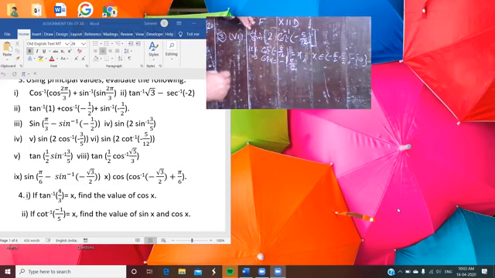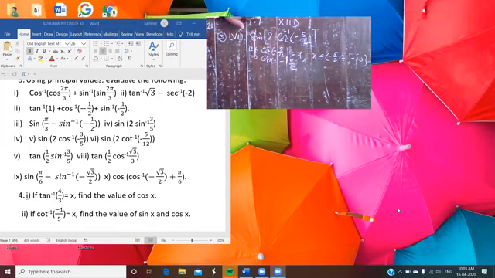Now with the help of it, you find the value of sine x and cos x. Okay, so if you think about the values of the function from minus pi by 2 to pi by 2, except 0, for the range of cot x, the sine x is positive in that case, and if you think about the value of cos x, it will be negative.